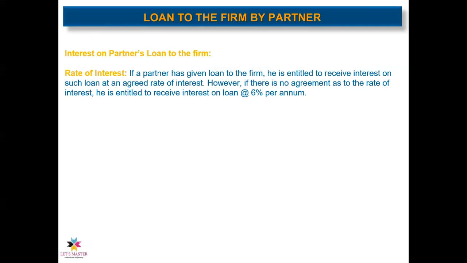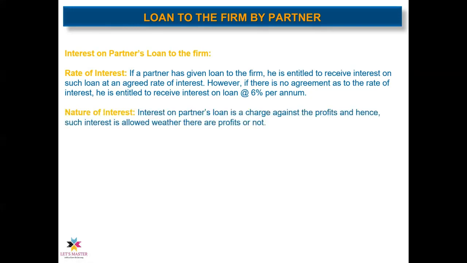So even if the partnership deed is silent about interest on loan to the partnership firm by the partner, the partner is still eligible to get interest of 6% per annum on the amount of loan advanced to the partnership firm.